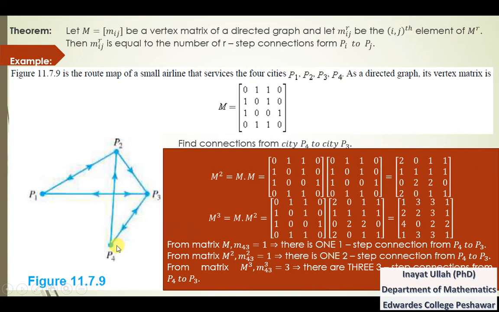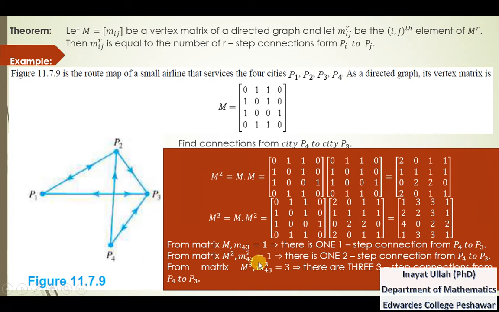Similarly, you can move from P4 to P2, that is 1 step, and again from P2 to P1, that is the second step, and then from P1 to P3 is the third step.